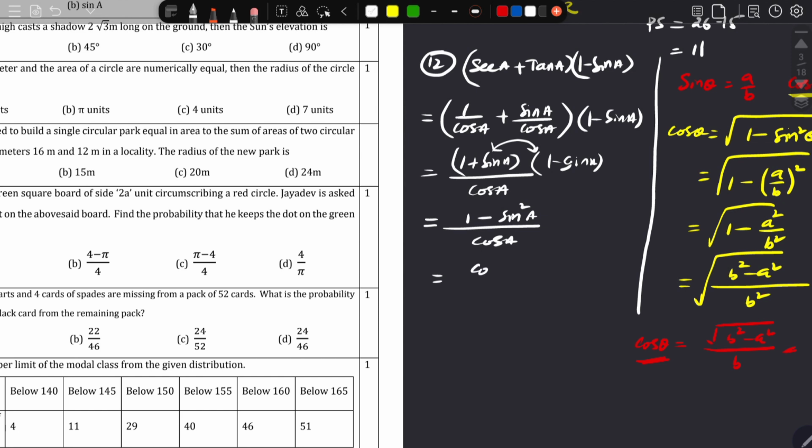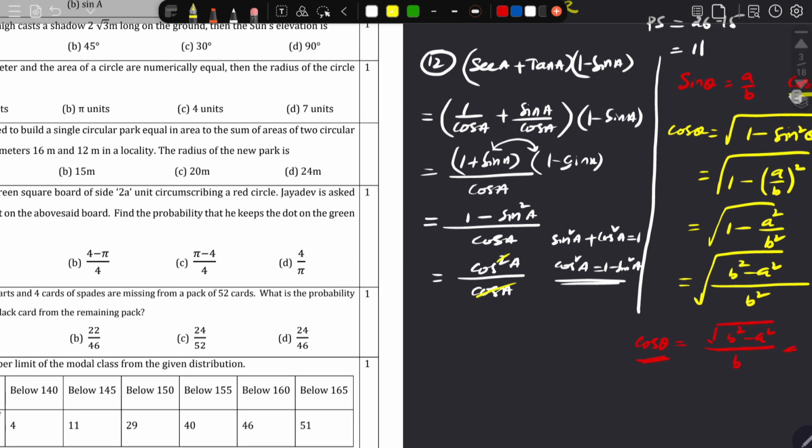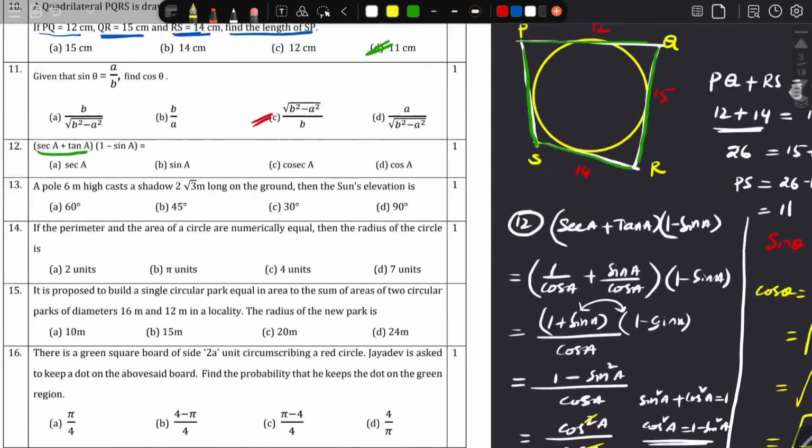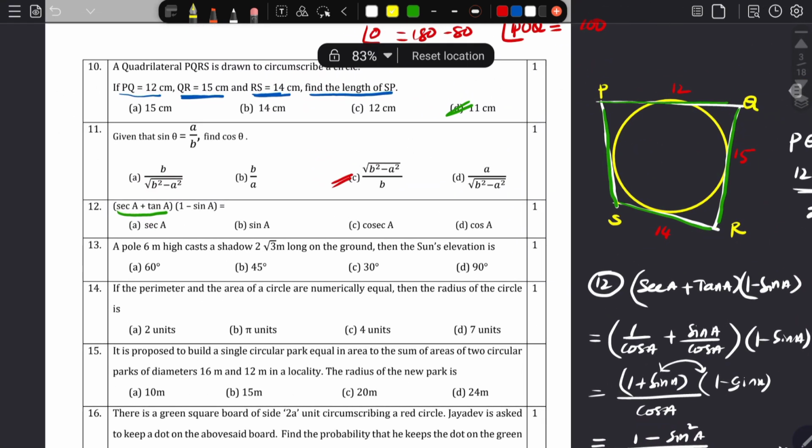From that we get cos square A, with denominator cos A. Since sin square A plus cos square A is equal to 1, I need 1 minus sin square, so I can write cos square A is equal to 1 minus sin square A. So the square and cos cancel, and finally I get cos A. Which option has cos A? Just check it. Cos A is option D, the right answer.